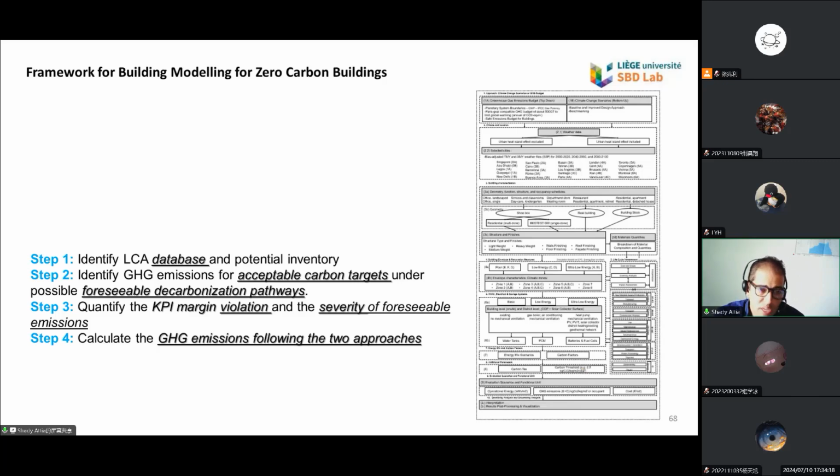What is very important from the beginning is to have a very good life cycle assessment database of your materials. It's very important to identify the greenhouse gas emissions targets that you want to reach. And it's very important to explore different decarbonization pathways and to use universal key performance indicators and check if you will have violation values or severity values of emissions, so that you are able to calculate the greenhouse gas emissions from a comparative approach, allowing for alternative development rather than going for an absolute design or a single design.